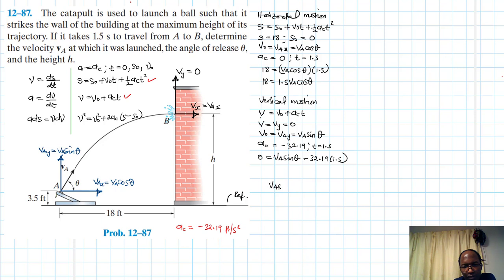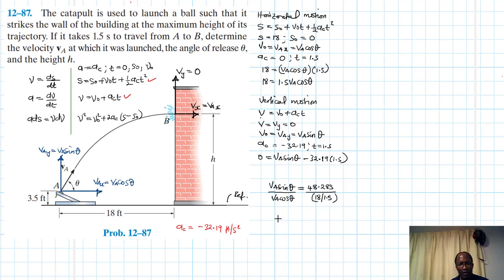So I'll say I have V sine theta equal to 32.19 times 1.5, equal to 48.285, and divided by VA cos theta, then here we have 18 divided by 1.5.